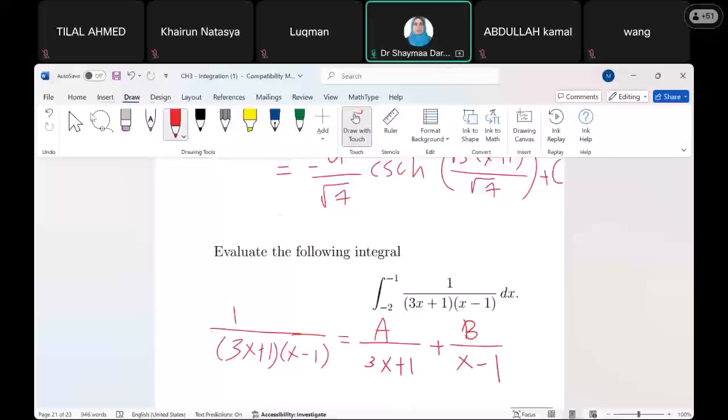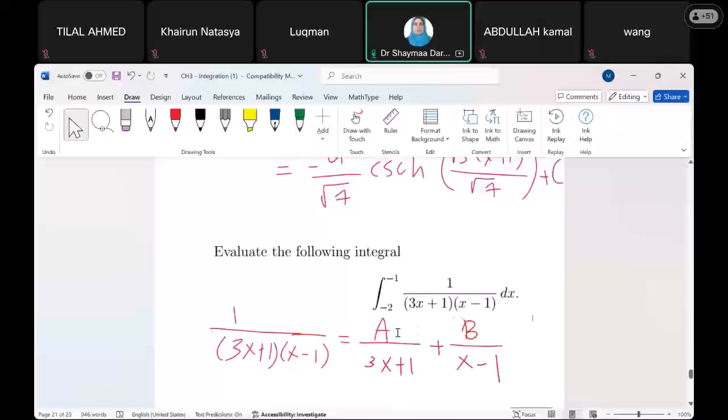So this is partial fractions, but the second one is already factorized for you. No need to multiply again, because some students multiply and then come back to factorize. No need. This one is ready. Polynomial over polynomial, and the denominator is already factorized.